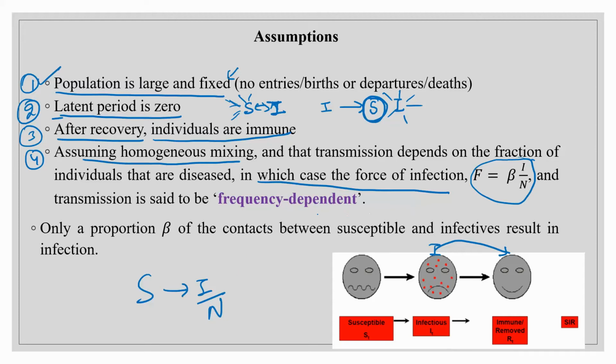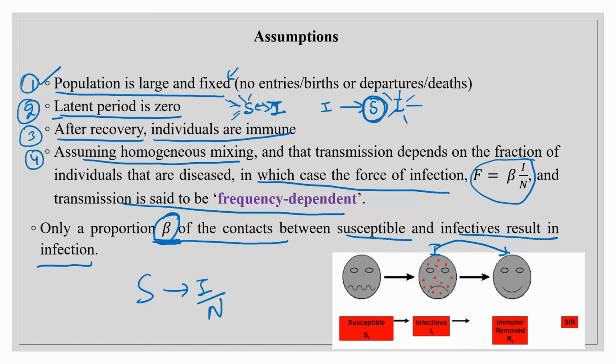So this transmission is called frequency dependent transmission, and as I have told, only a beta fraction of contacts between the individuals and infectives results in infection. It is not that everybody who comes into contact with the infected gets the disease, only a beta portion will get the disease.